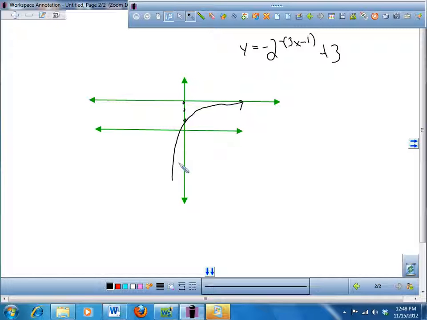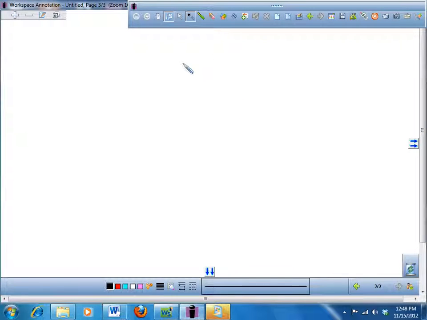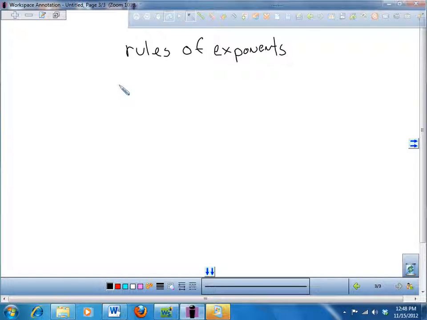Do you know about rules of exponents? I'm going to tell you about rules of exponents, and I'm just going to review this through examples because many of you already know this. If you have 2 to the 3rd times 2 to the 5th, that's equal to 2 to the 8th.